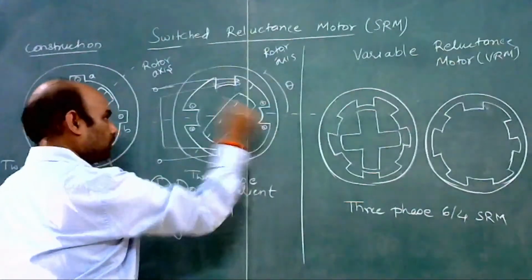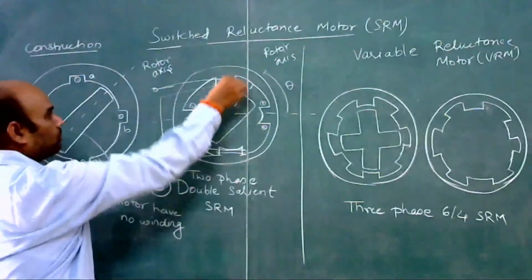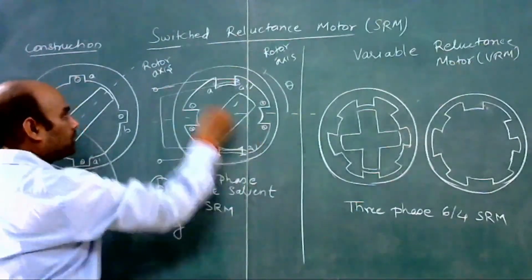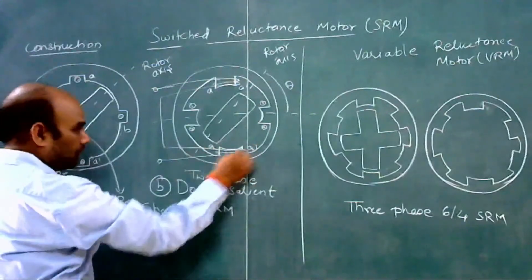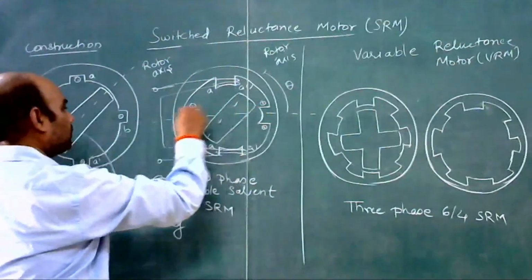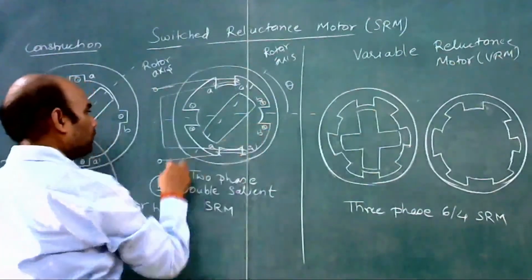The windings are connected as A, A dash. So we go first from here and then it comes to here like this. Similarly, the windings will be connected in phase B also.